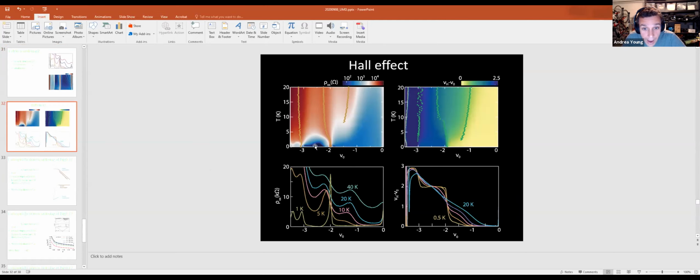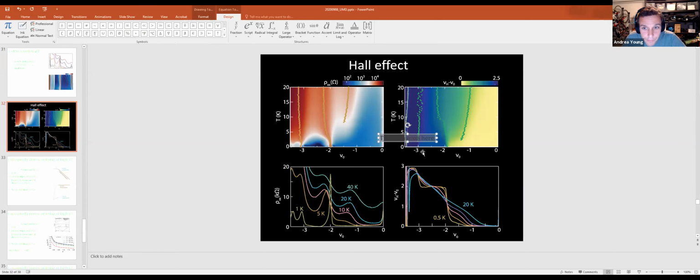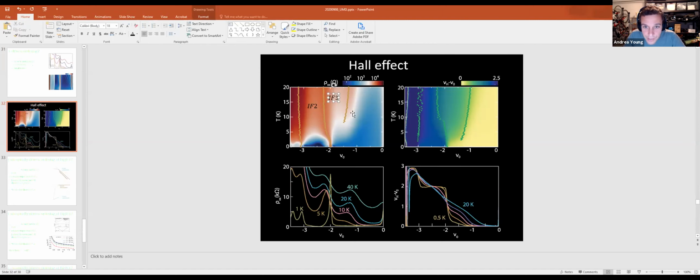I would say that there you're in some kind of twofold phase, right? I think we called it IF2, so isospin ferromagnet with two flavors filled, right? And this one is IF3. Now, what is the entropic difference between these two that's making this transition move a bit to the left?